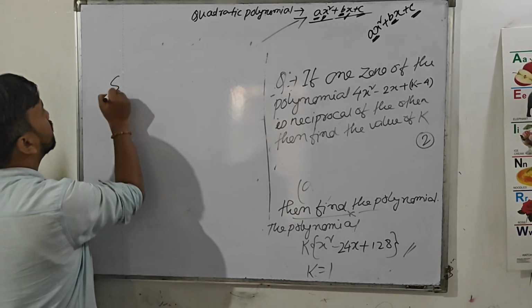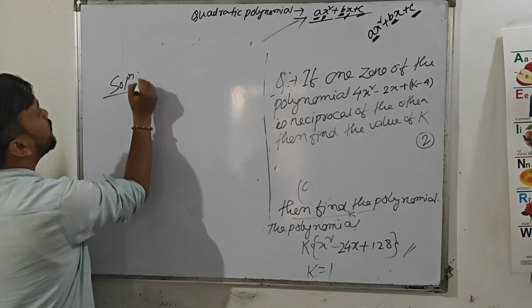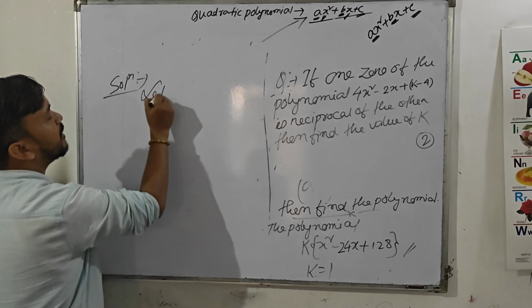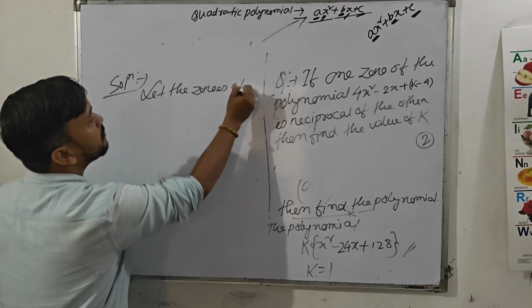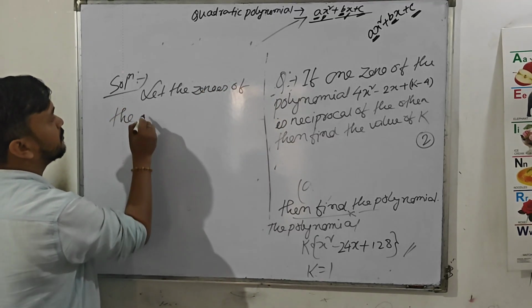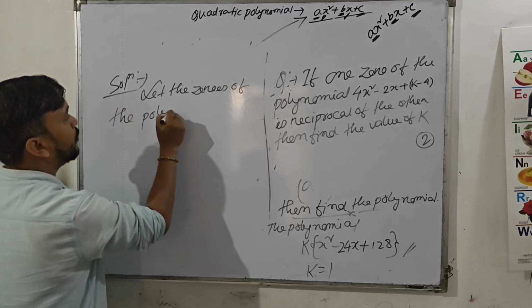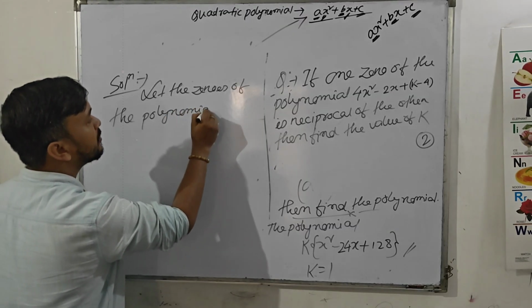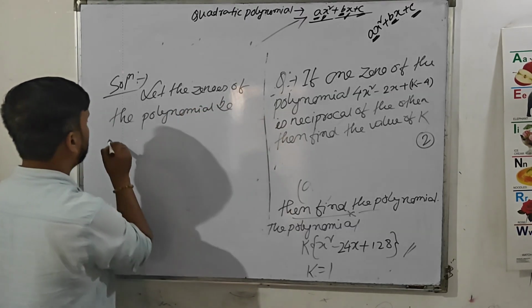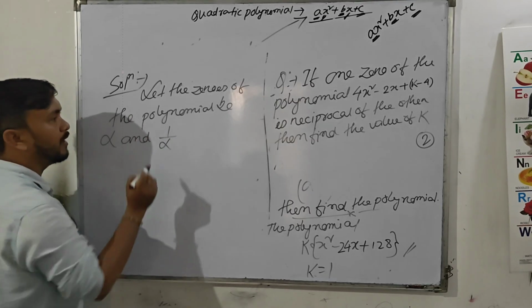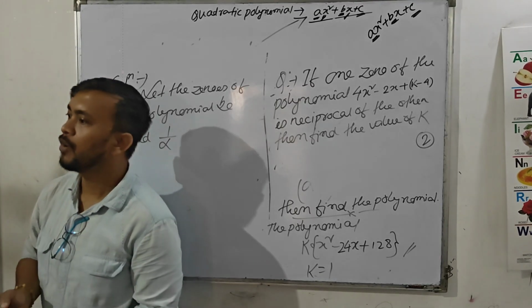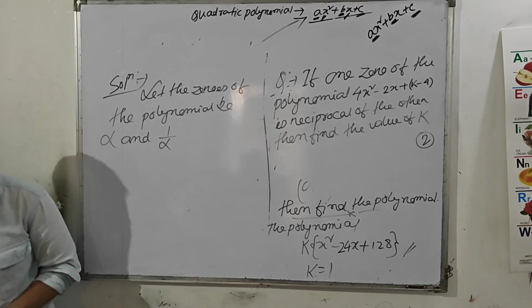So the solution will be like this. Let the zeros of the polynomial be alpha and 1 by alpha, because the question says one zero is the reciprocal of the other.